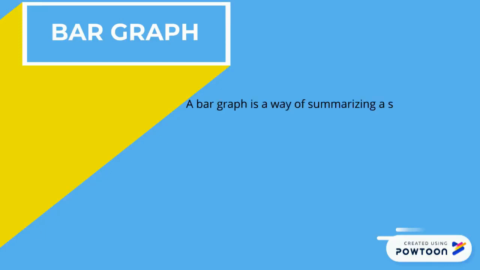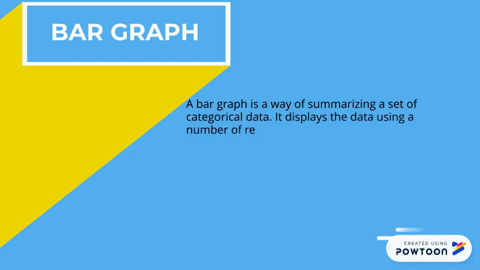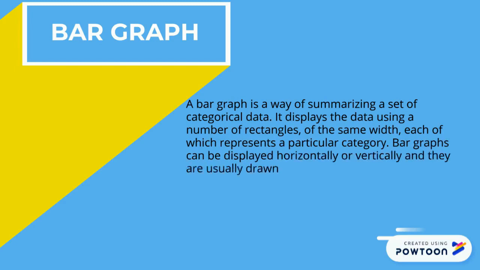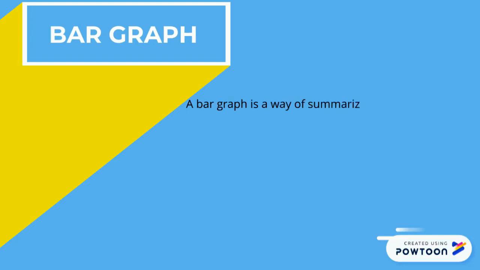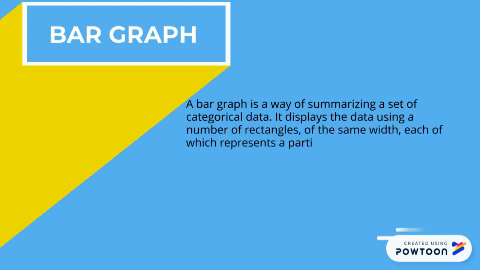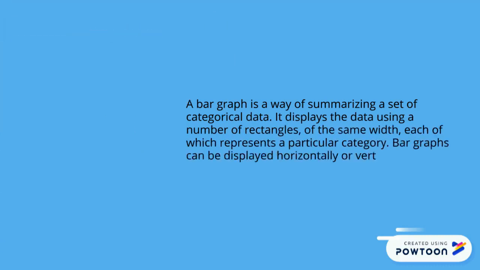Bar graph. A bar graph is a way of summarizing a set of categorical data. It displays the data using a number of rectangles of the same width, each of which represents a particular category. Bar graphs can be displayed horizontally or vertically, and they are usually drawn with a gap between the bars.